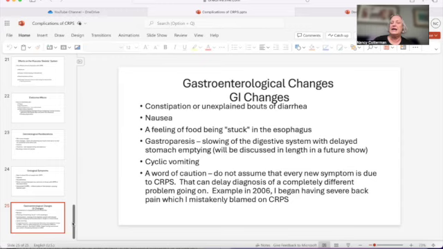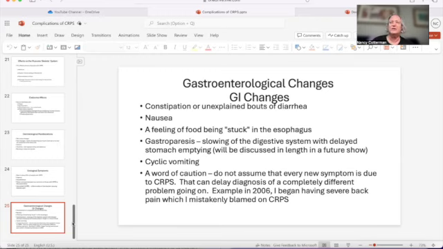This can delay diagnosis of completely different problems going on. For example, in 2006, I began having severe back pains after moving from Pennsylvania to Florida. I mistakenly blamed it on CRPS, and for one whole year, did not have any kind of imaging done.